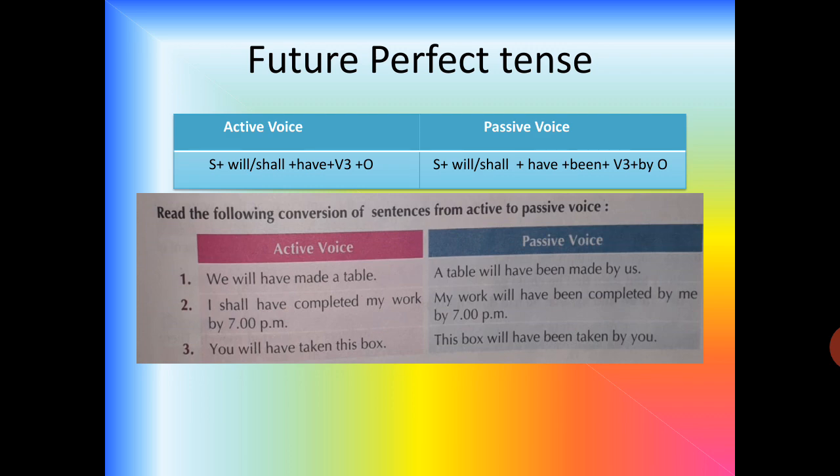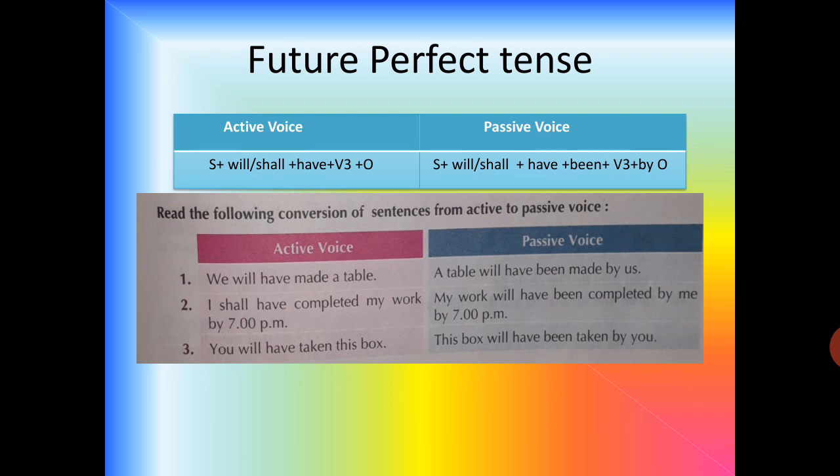Similarly here also, we will have made a table, a table will come forward as I always told you. A table will. Now it is future perfect so you will add have. A table will have. Now for perfect, one word you always have to keep in mind, been. A table will have been made. Already in third form, made by us. You will have taken this box. This box will have been taken by you.